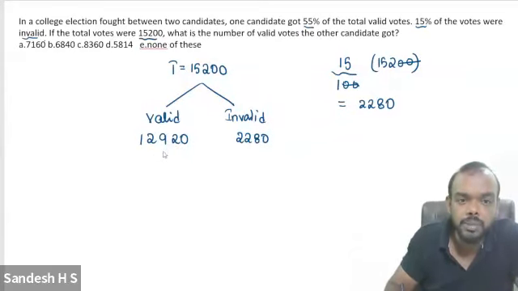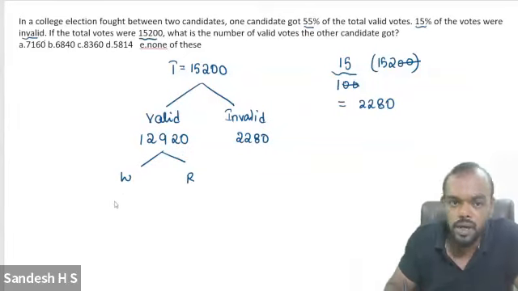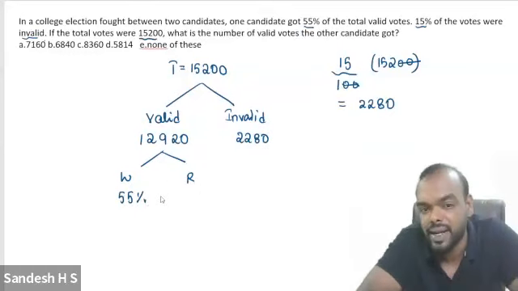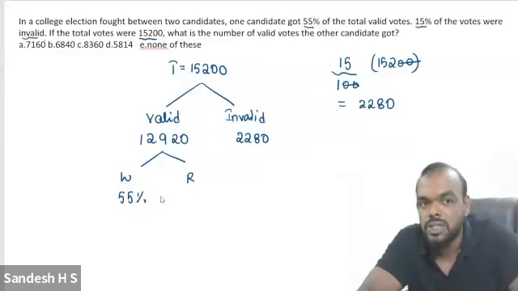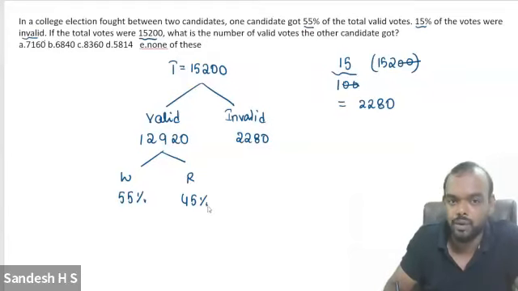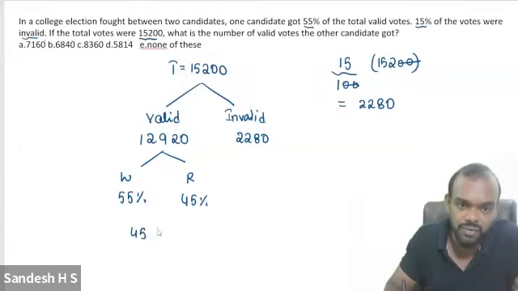Now these are distributed among winner and runner. Winner got 55% votes. Then how much will runner get? Winner got 55% means runner will get 45% valid votes. What is that? 45% of valid.